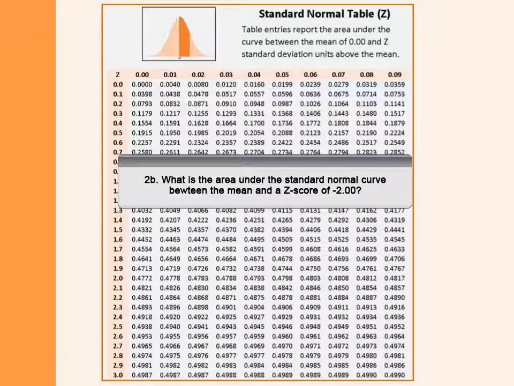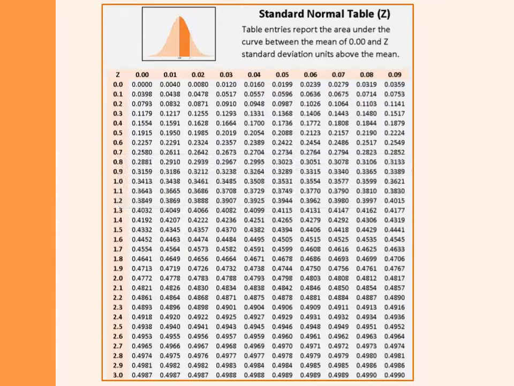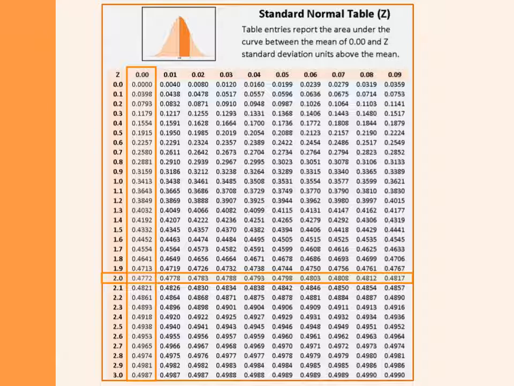For the second problem, we're to find the area between the mean of 0 and a z-score of -2. Again, take the absolute value of -2 for a z-score, and we will look for the row that reports a z of 2.0 and a column that reports the hundredth of 0.